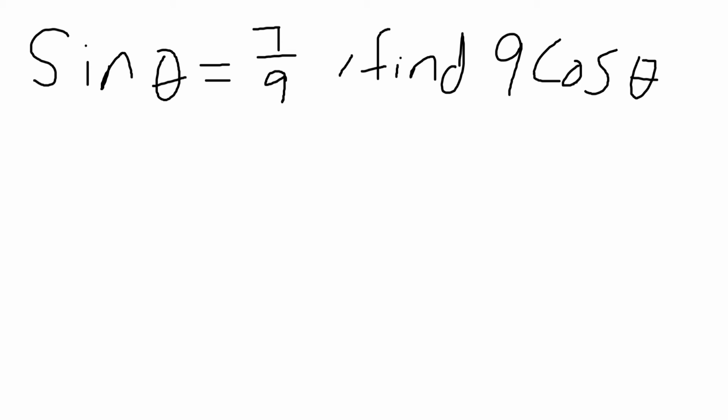Let's assume this to be our angle that we're working with, calling theta. Now this is our opposite because we know we are talking about sine, which is opposite divided by the hypotenuse.